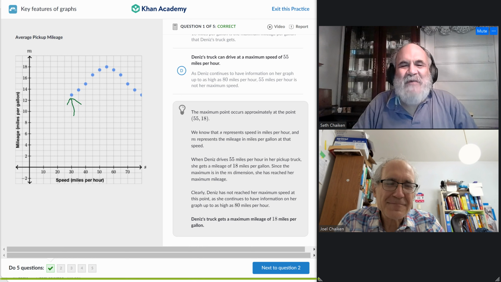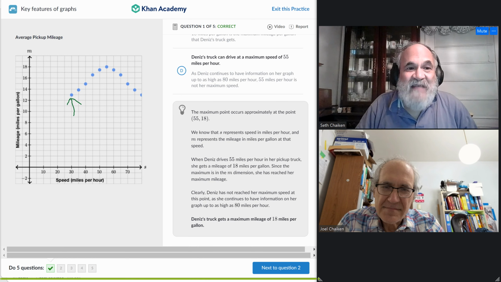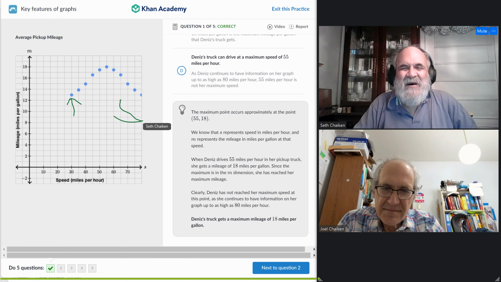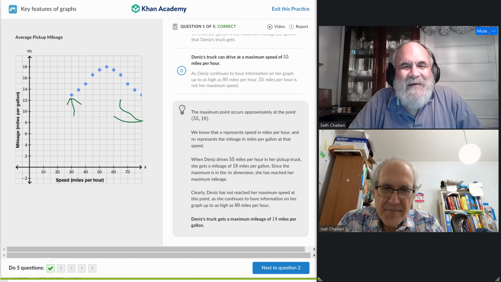So it's impossible to get information about the maximum speed from the graph at all. But they said it's not the maximum speed because there are speeds in the graph that are greater than 55. Would the same answer be if they didn't show the measurements for speeds over 55?